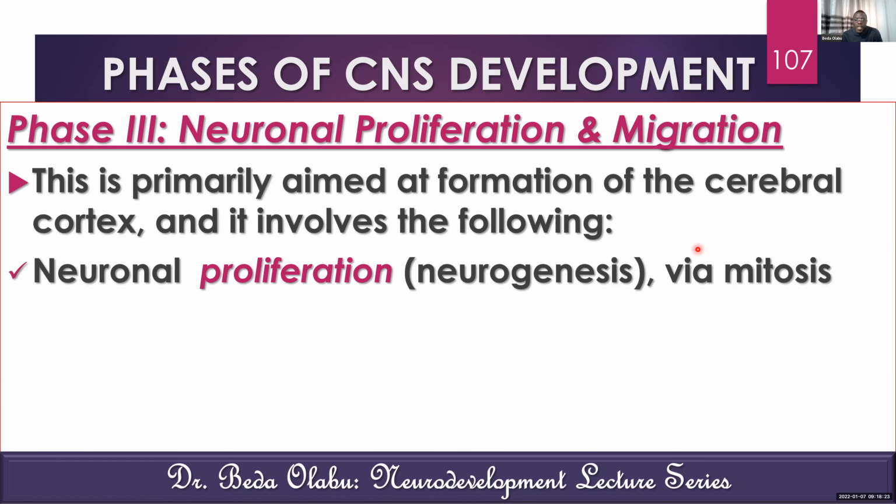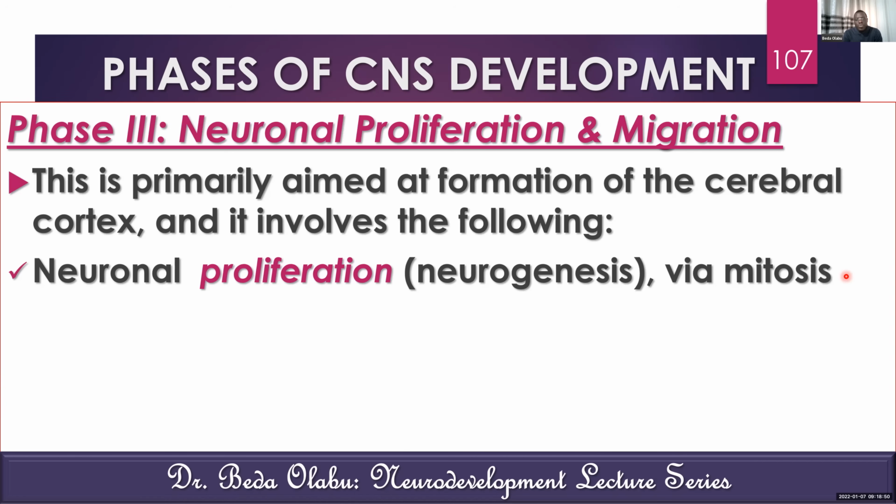And as a matter of fact, neurogenesis occurs in the brain beyond what is required. So the number of neurons that form during embryonic development are way more than what the brain actually will ever need. The neurons are produced in excess.